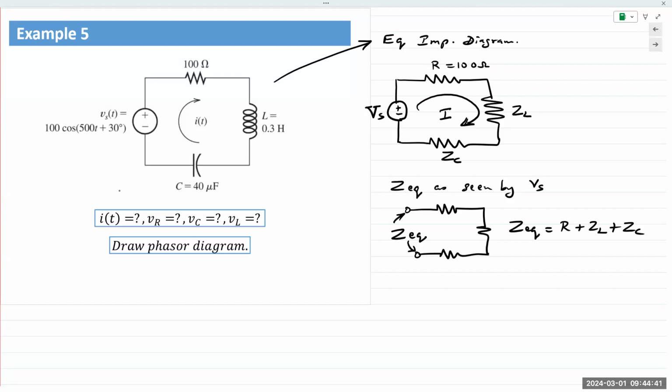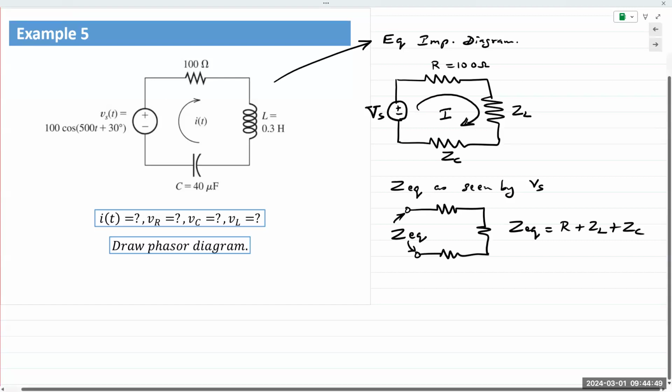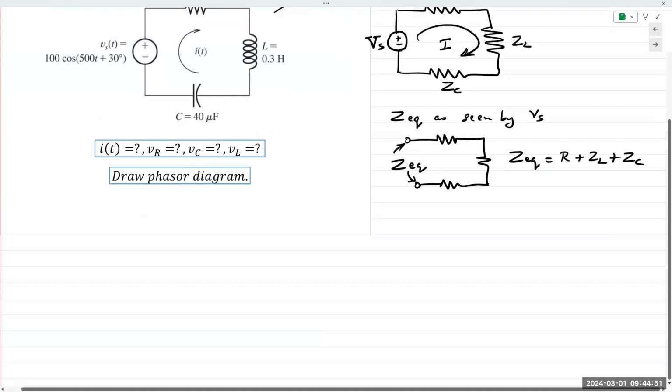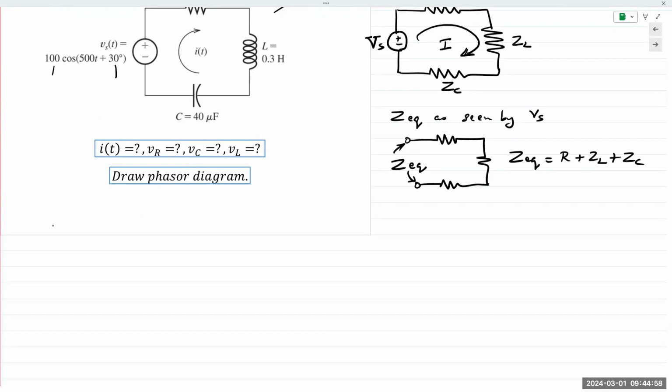First, let's find the phasor transform for the source voltage Vs. Let's extract information from here. Vs is 100 cos of 500t plus 30. So my phasor I can write directly from there. My peak value, or Vm, is 100 volts.